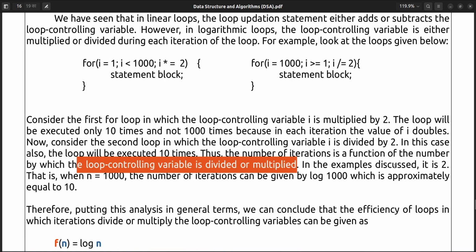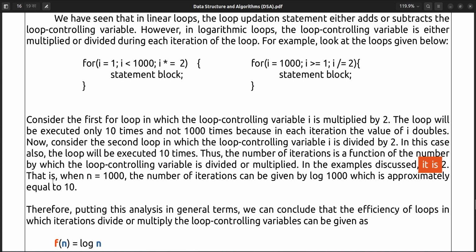In the example discussed it is 2, that is when n is equal to 1000, the number of iterations can be given by log 1000, which is approximately equal to 10.